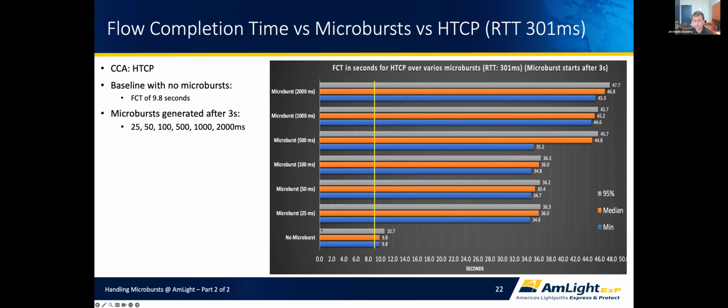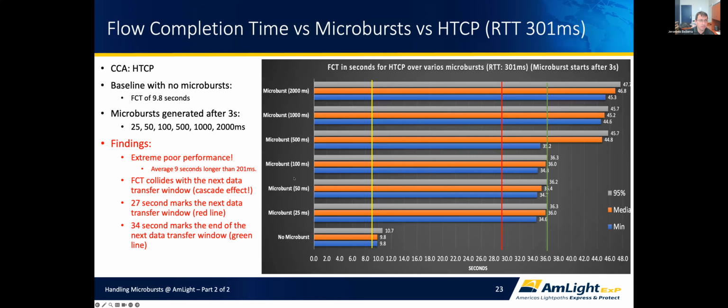If there's no microburst for a single flow with the tuning that we have, HTTP already goes over the 7 seconds, which is represented again by the yellow line. But let's talk about the findings here. You can see that again, pretty much every single microburst forces the flow completion time, or the data transfer, to go into the next data transfer, which is represented by the red line, right?